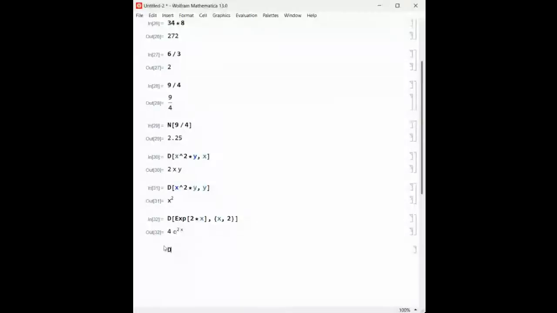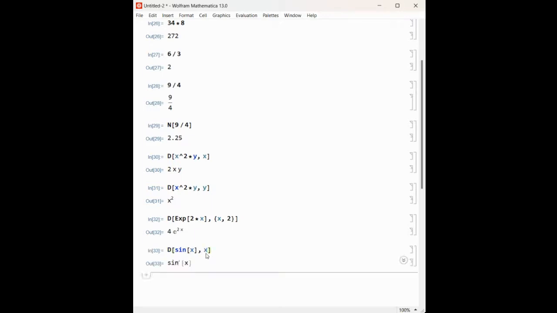Let's try one. Suppose we want to, let's use derivative, for example. We want to differentiate sine x. And you see, when you write a function, you use this bracket, not an open bracket, it's a closed bracket.